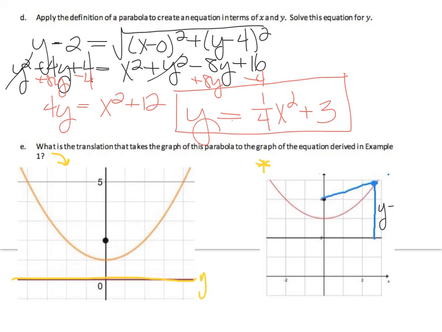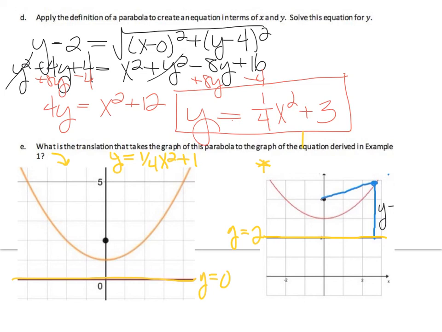And the directrix here is a line at y equals 2. The equation here was, let me look it up, sorry, I want to make sure we get it right. The equation here was y equals 1/4 x squared plus 1.